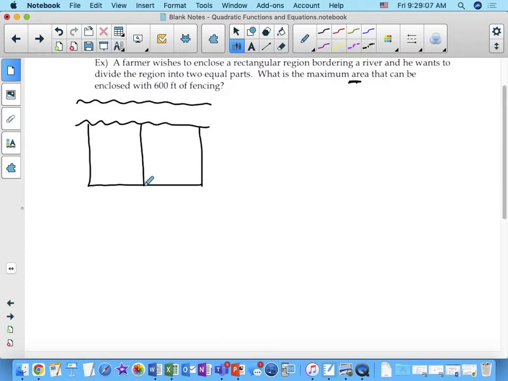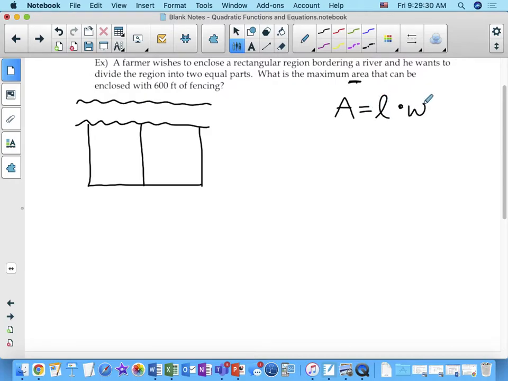What's the maximum area that can be enclosed with 600 feet of fencing? Okay, so firstly, what's the formula for area? How do we find the area of a rectangle? Length times width.